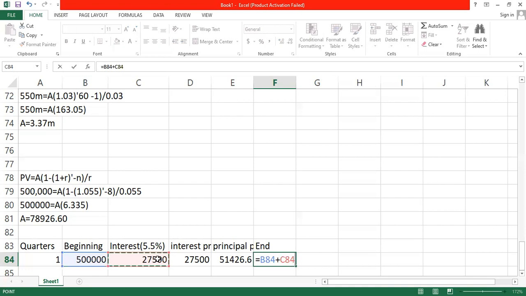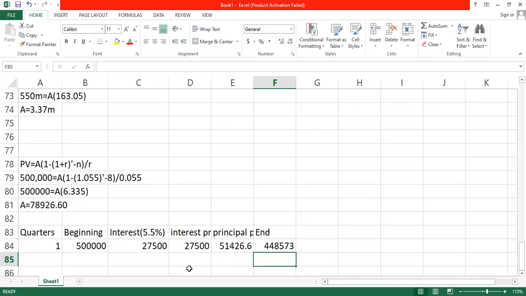Okay, I got my calculations wrong. You are owing the bank 500,000 at the beginning with interest of 27,500. So you should have paid the bank 527,500, but you have paid 78,926.64 out of that. So how much will be left? That is the money that you'll be owing the bank at the end: 448,573.